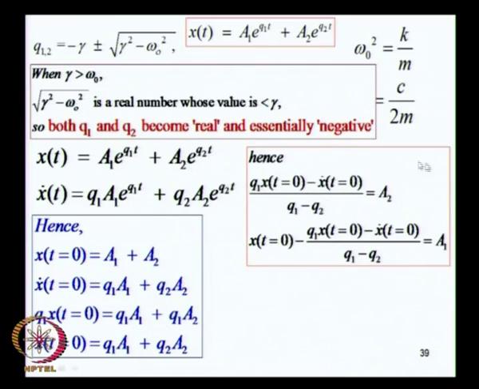So, you get a2 as the difference of this numerator and q1 minus q2, and then you get a1 from this equation by subtracting from x at t equal to 0 the value of a2. So, you can get both a1 and a2 and your problem is essentially solved.